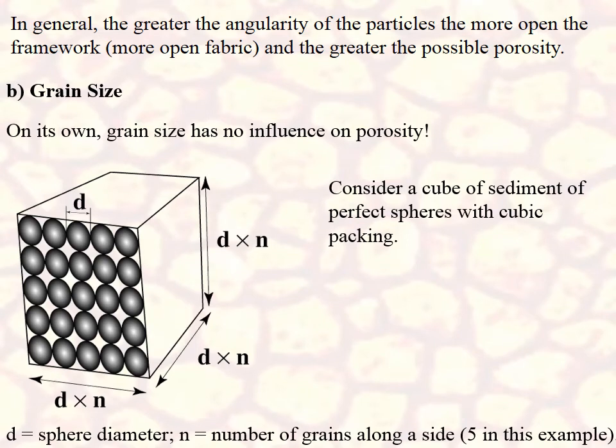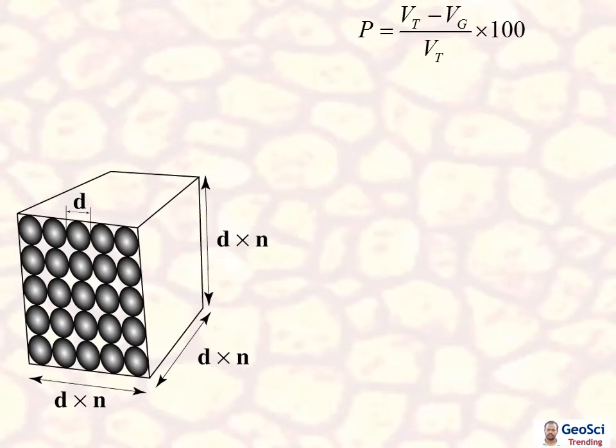D means sphere diameter, N number of grains along a side. P equal to Vt minus Vg by Vt into 100. Length of the side of the cube equal to D into N equal to DN.